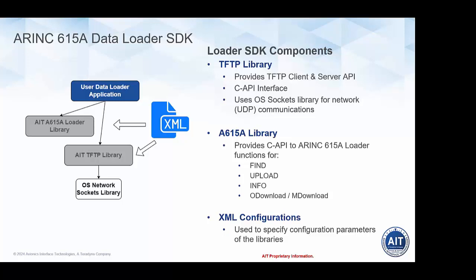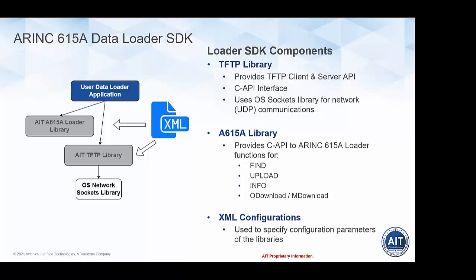So trivial file transfer protocol is pretty common. It's built into a lot of operating systems out there, but for the specifics of data load functions and to do things efficiently, we actually have our own library. It's 100% our source code, and it's primarily so that we can tune it and hone it to do data load operations as quickly as possible.